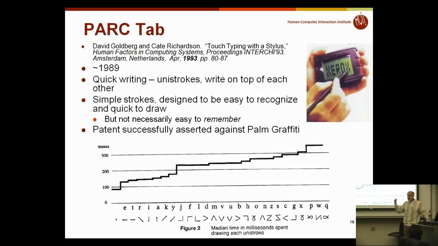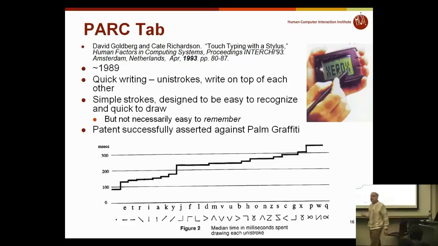So some of these slides are basically directly from the previous talks where we were talking about history, but I wanted to put them back in here so that everything's in context. So we already mentioned the Park tab and a few of the other systems we're going to go by. The Park tab was this little device, if you remember, that was invented around '89, and David Goldberg invented this system he called quick writing, where you would do the strokes directly on top of each other.